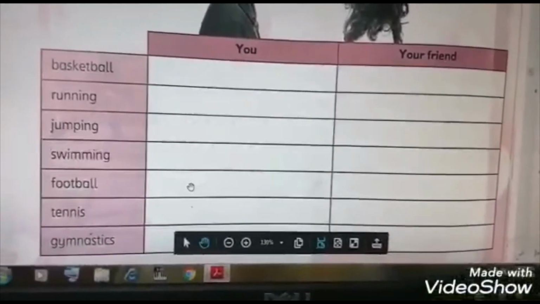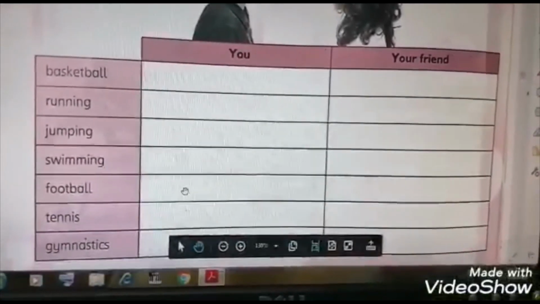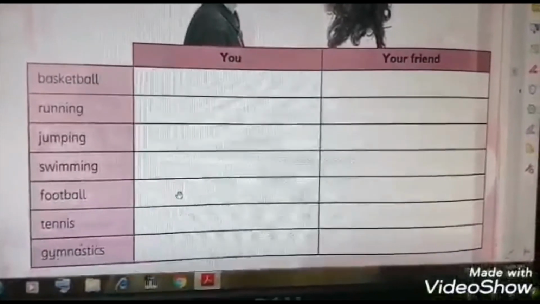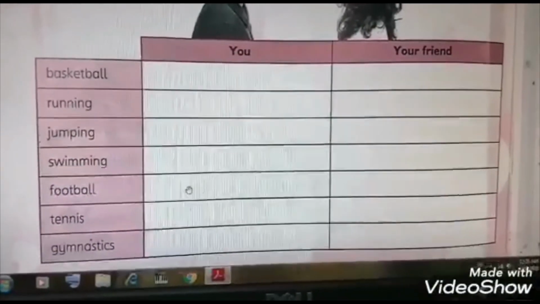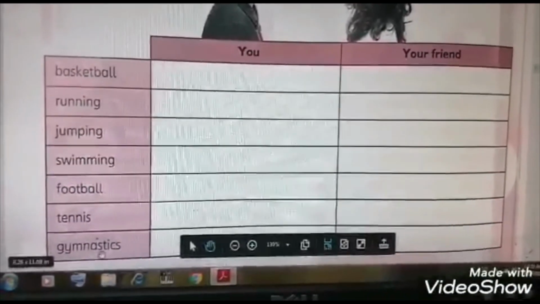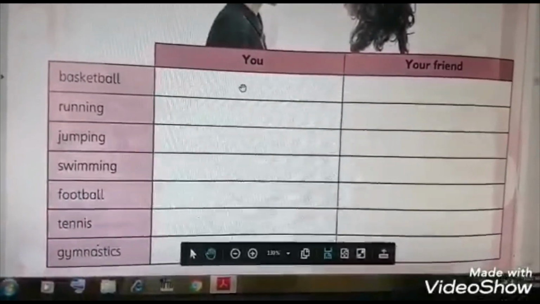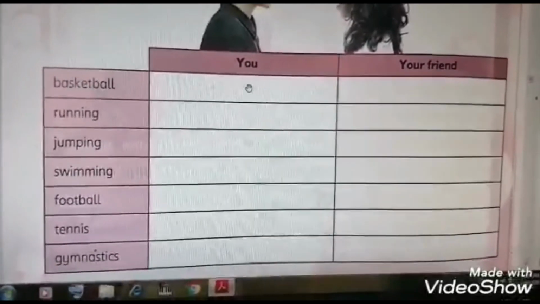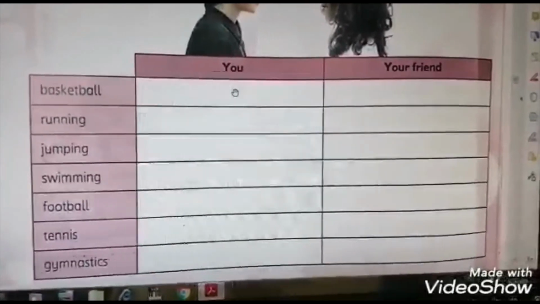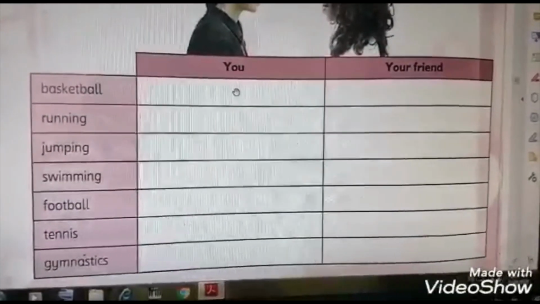As you can see, there are some activities: basketball, running, jumping, swimming, football, tennis, gymnastics. Please ask questions. You can choose a partner at home, maybe your sibling, maybe your parents.